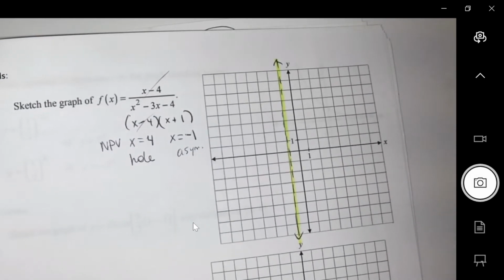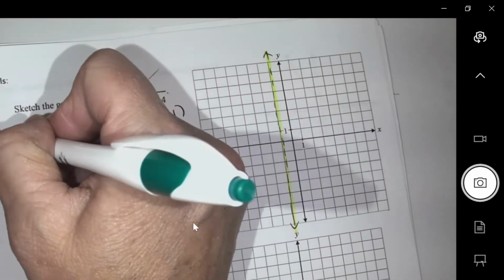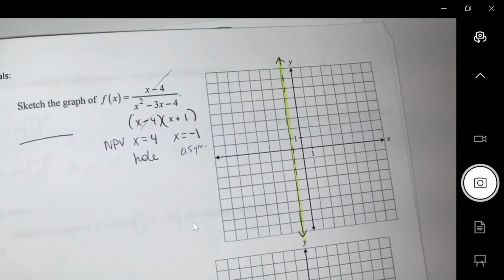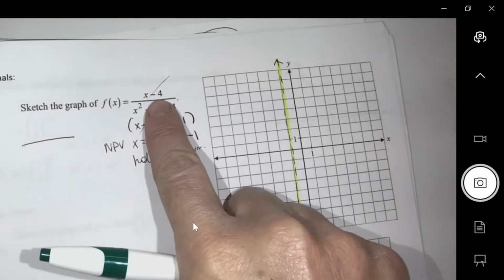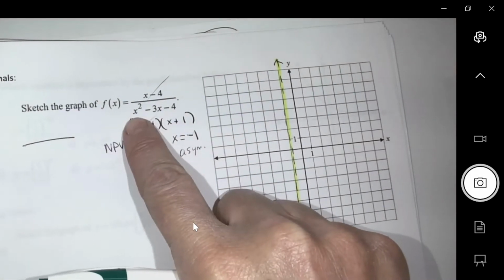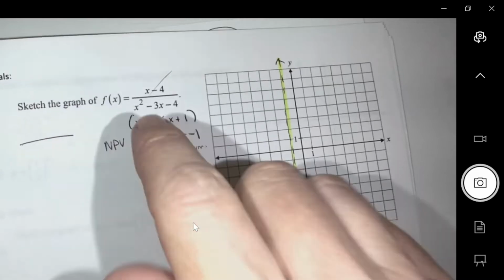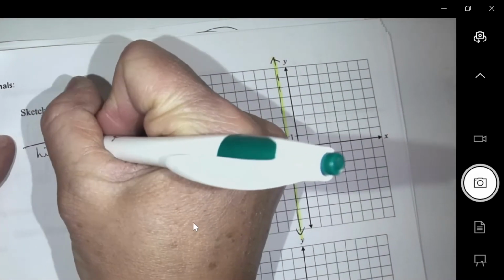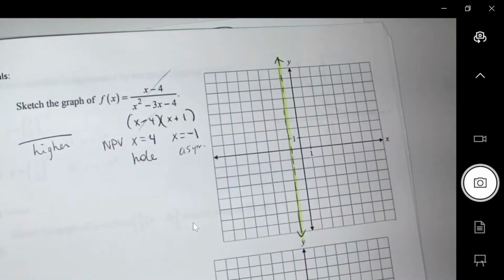Okay, let's talk about our degrees. What do you think? Higher somewhere or the same? Look at the original. What do you have here? An x. Here you have an x squared. So now it's higher. So that means what?